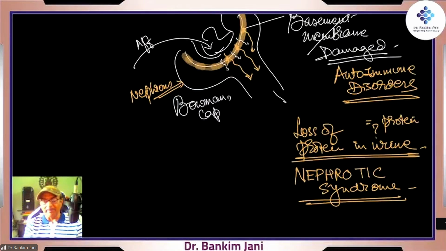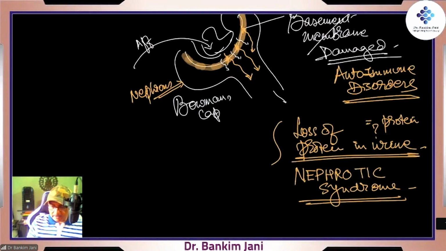Whether the basement membrane is broken because of some congenital defect, or it has developed because of autoimmune disorder, or it has been affected by some poisons, whatever. Basically, body is losing protein. So that is what is called as the nephrotic syndrome.